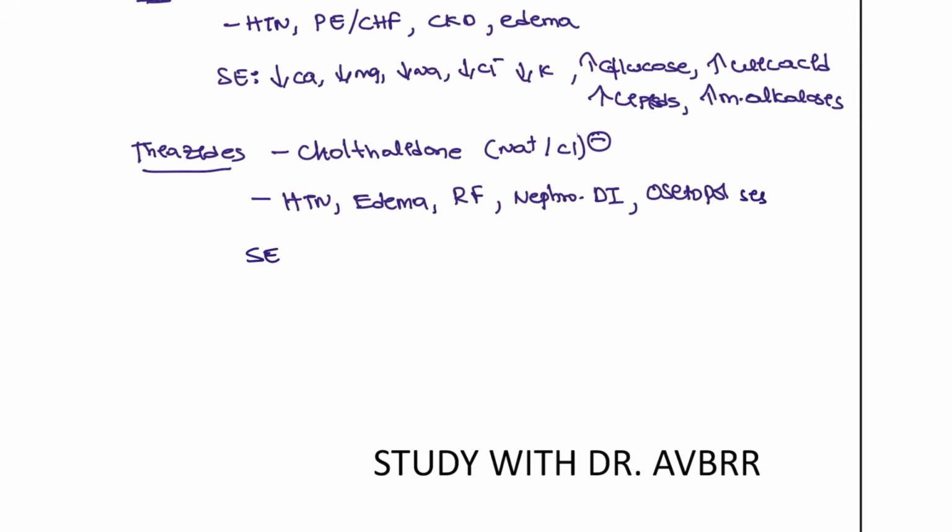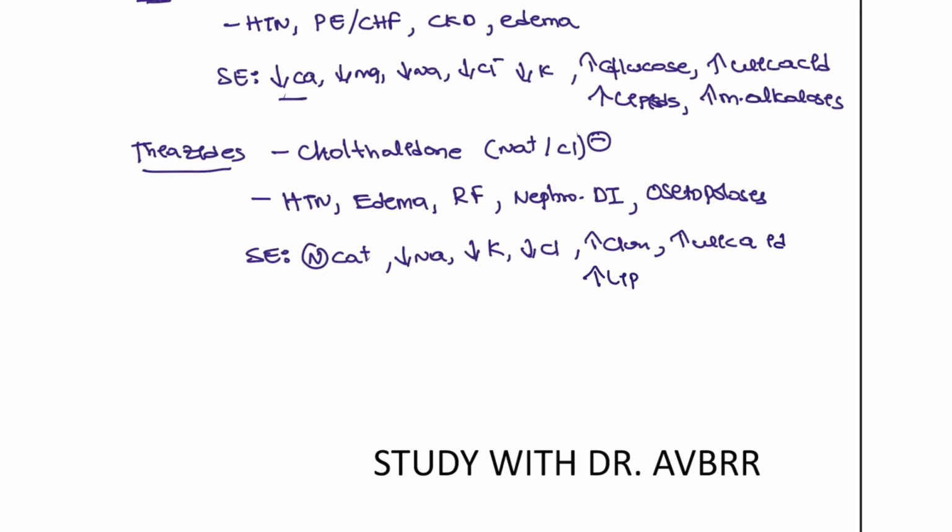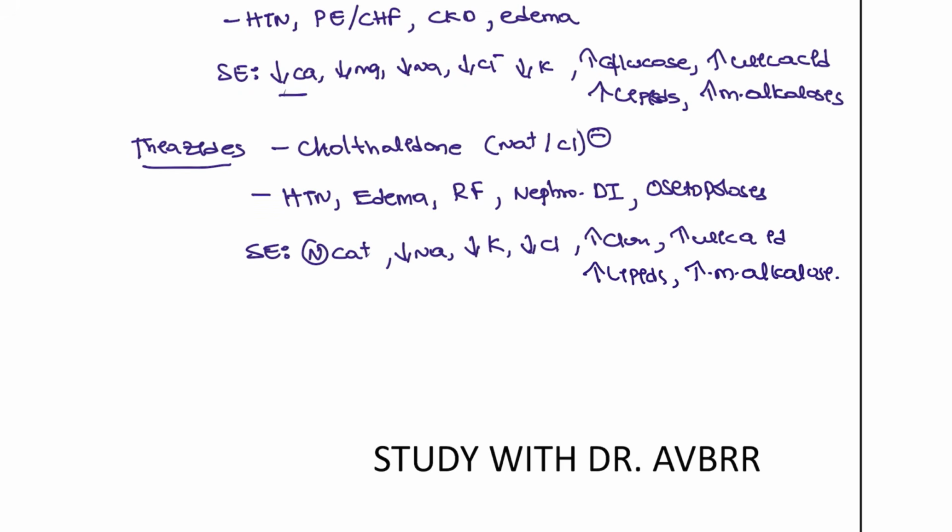And what are the side effects, guys? It is not really a side effect, but it will maintain the calcium levels. Loop diuretics decrease it, but thiazides are going to maintain the calcium levels, but decrease the sodium, decrease the potassium, and decrease the chloride, and increase the glucose, increase the uric acid levels, and also increase the lipid levels and the metabolic alkalosis of the patient. These are the common side effects which will be seen with the thiazides.